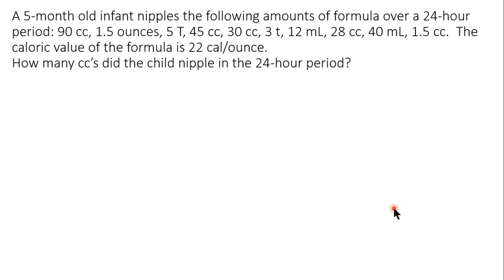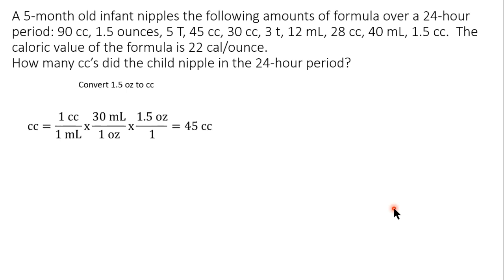So we want to know how many cc's total the baby had. So we have to convert the units that are not cc's into cc's. So for example, we're going to convert the 1.5 ounces into cc's. We don't have an exact conversion between ounces and cubic centimeters, but since we know that cubic centimeters is the same as a milliliter, then we use the conversion ratio with milliliters.